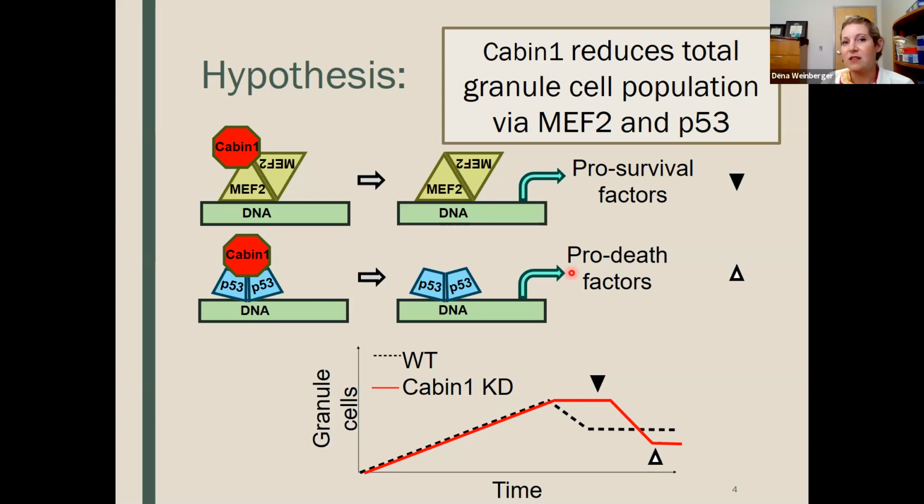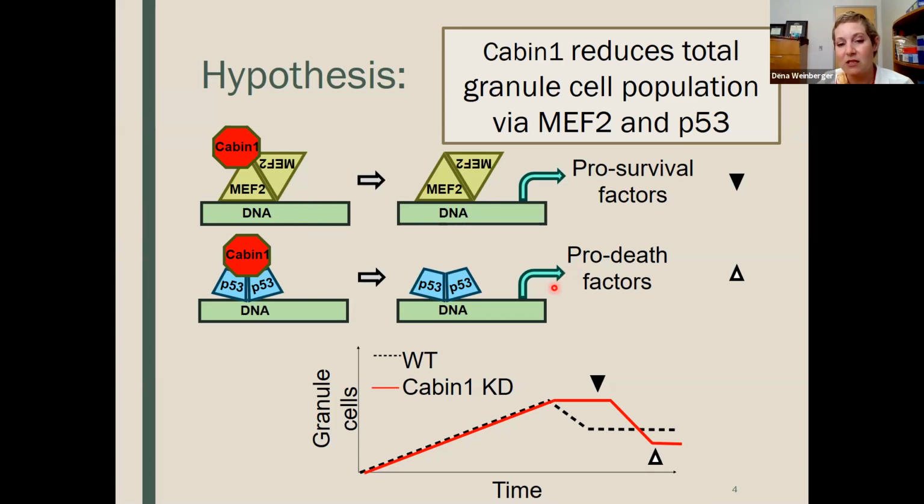So already you can see that there's a possible conundrum, because cabin represses the one that makes cells survive and it represses the one that kills cells. There are different options. Is one possibility happening in a time-dependent manner? Is it repressing both of them in different cells? Is it not involved at all?